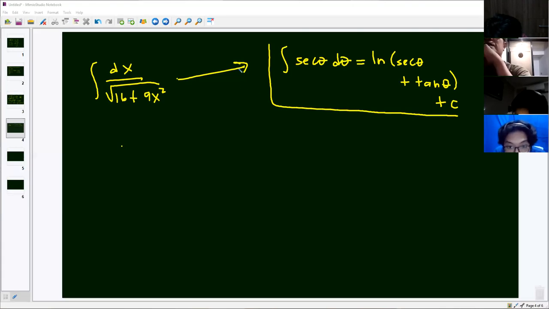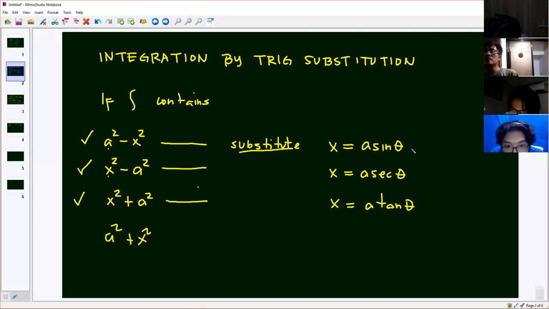In this case, obviously, the denominator is the hypotenuse, because it has a plus. Right? Square root and plus. As a guide, for trigonometric substitution, let me write it here. The triangle we made first is that sine, so the opposite is x.